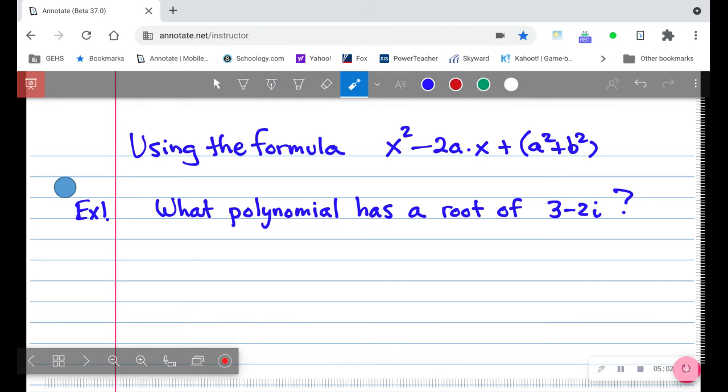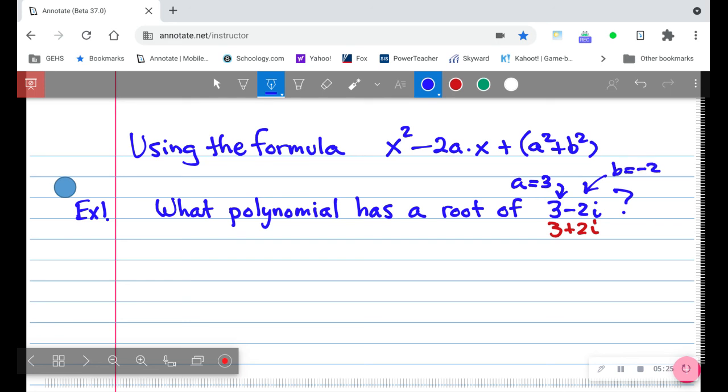What I've got here is one more example, but we're going to use the formula this time. So the conjugate answer here would be 3 plus 2i. And you can use either one to establish a and b. I'm going to say a is 3 up there, and the b is negative 2.